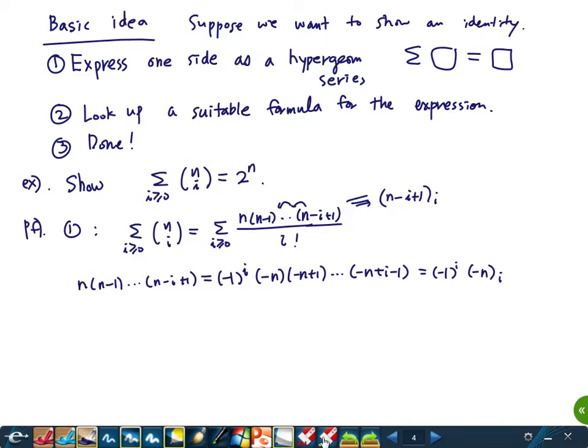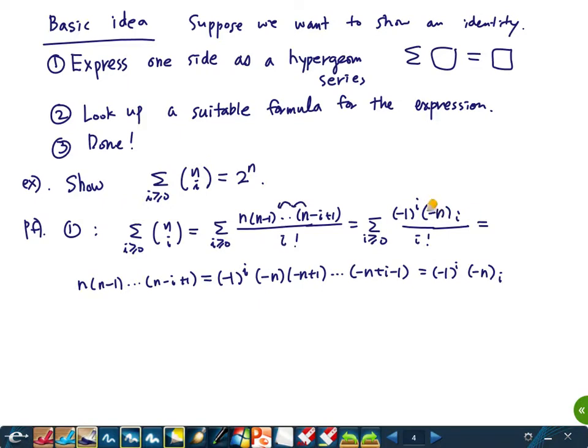So what is that? The sum over i from 0 of 1 over i factorial, minus 1 to the i, times minus n sub i. Now this is already a hypergeometric notation form, right?